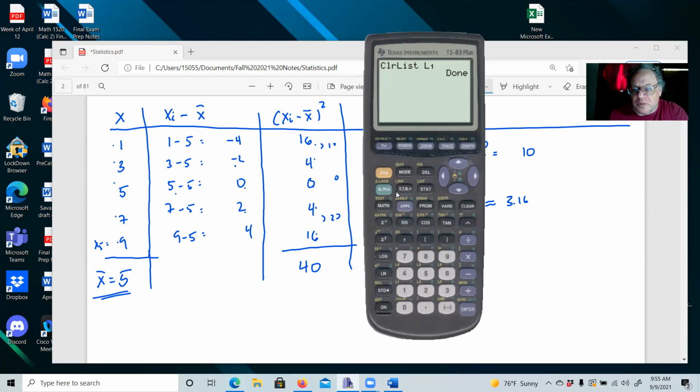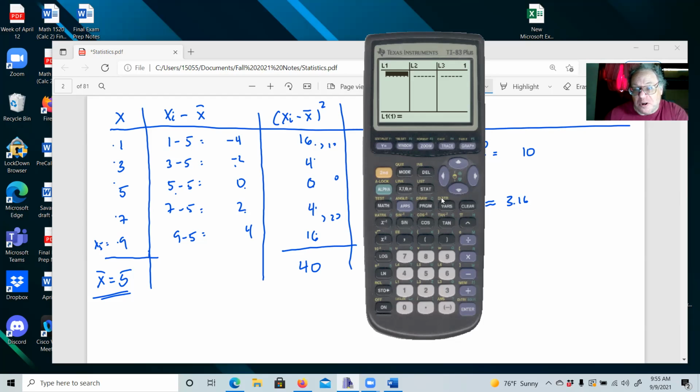Done. So we're going to go back to stat. We're going to edit that list. I want to put some stuff in. Please do not delete the L1, L2, L3. It'll let you do it, but I don't know how to undo that. There is a way, but I don't know on this calculator.